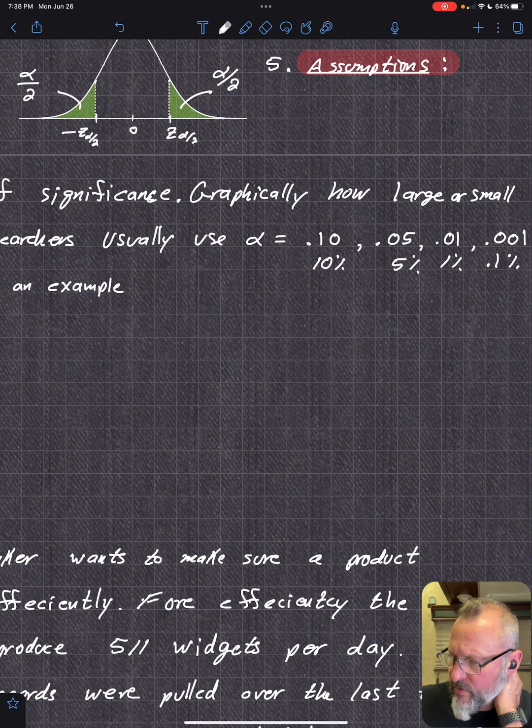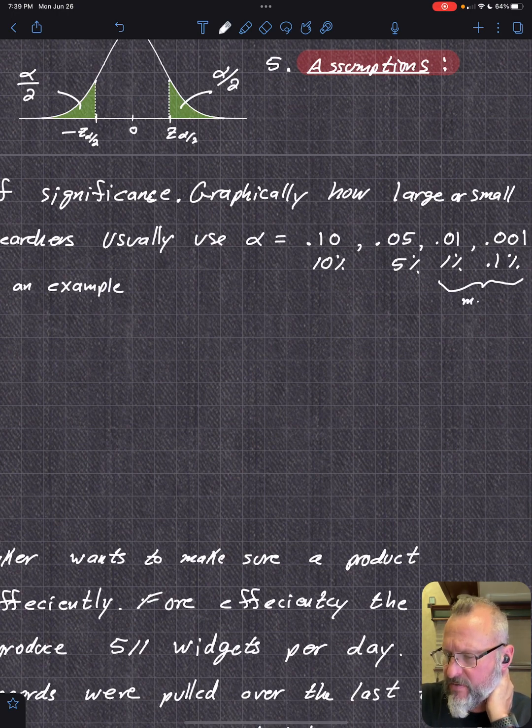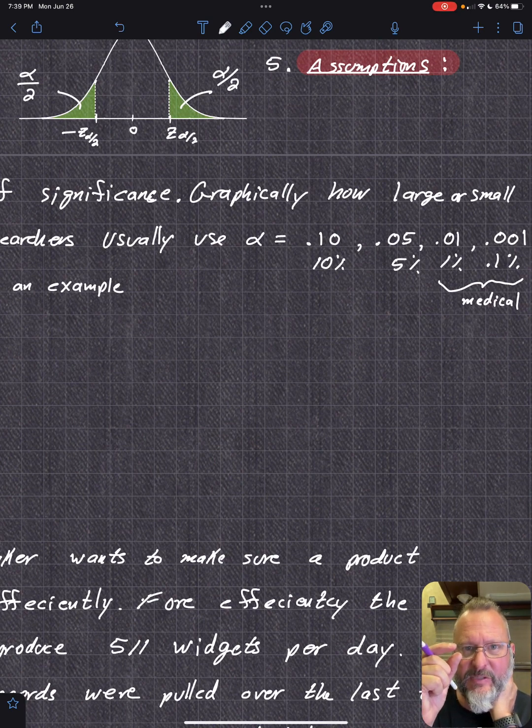So just in general, the small alphas are more for critical cases, critical things. So this is just the idea you keep in your mind. This is more for medical concepts. Whether that medication is going to cause deaths, for example, you want a very small alpha, right? Small probabilities.